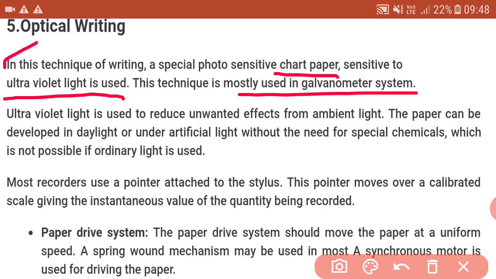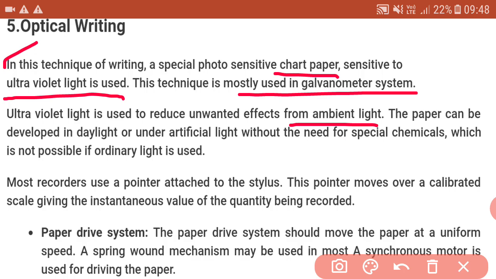The ultraviolet light is used to reduce the unwanted effect from ambient light.